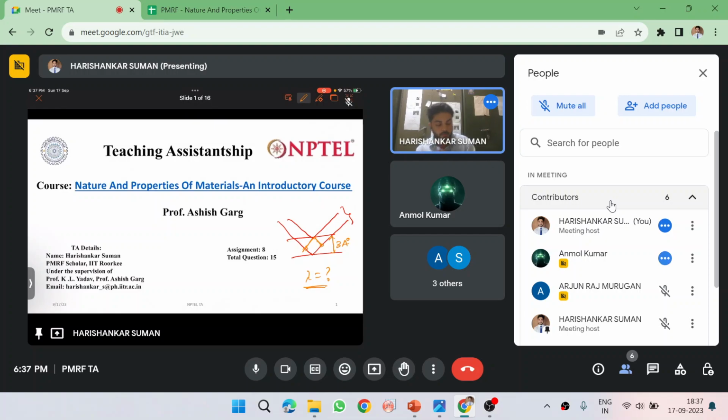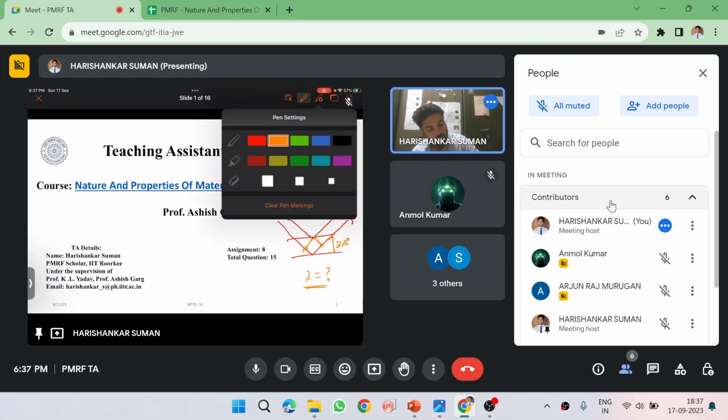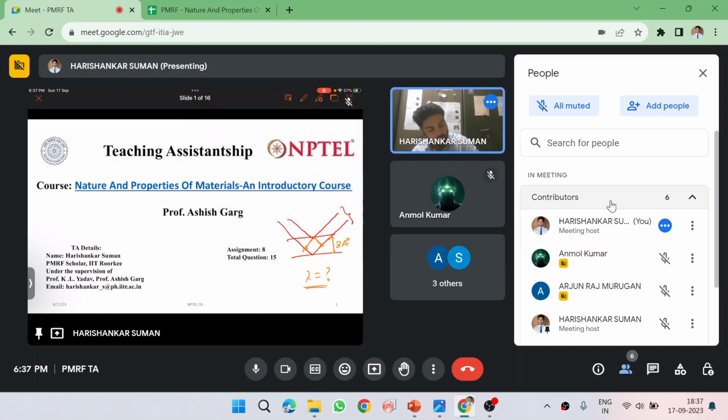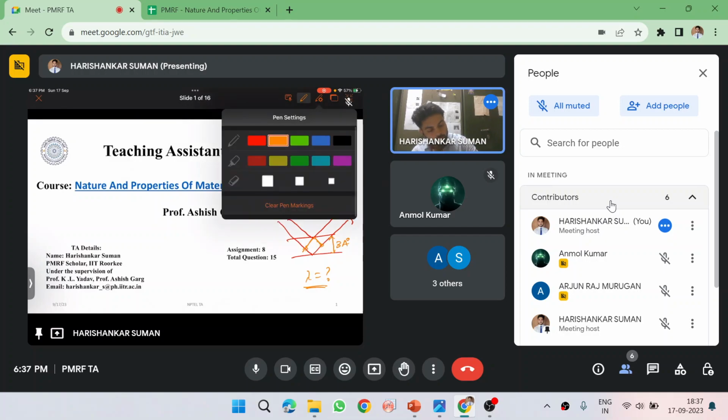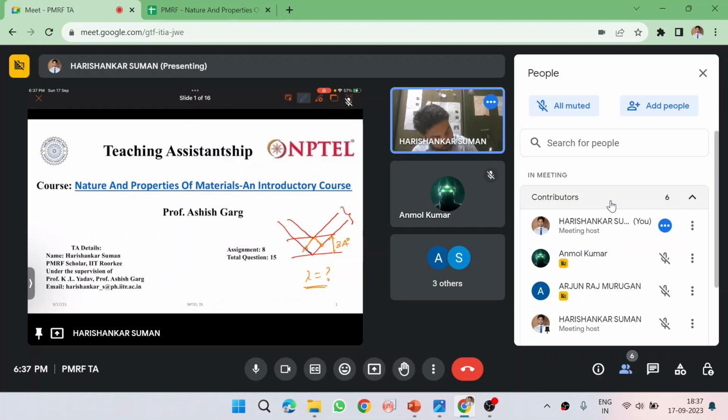So let's say the path difference is the same, and again here the path difference is the same after this. So that could be the minimum.